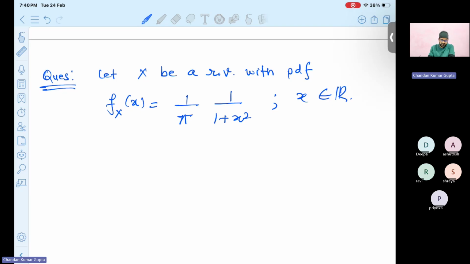Find the PDF of x square. So this is a question of transformation actually. Directly, we need to find the PDF of x square. So let's solve this question.